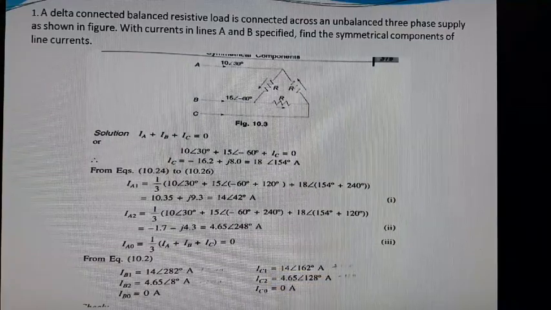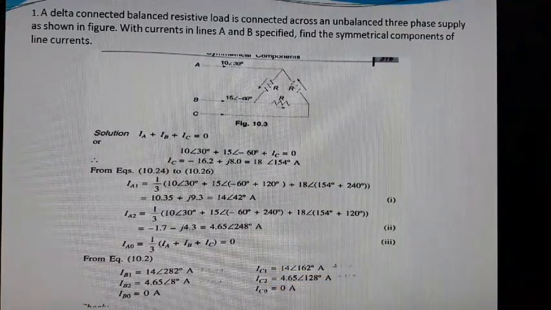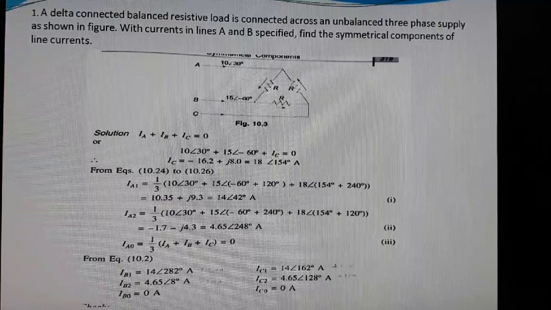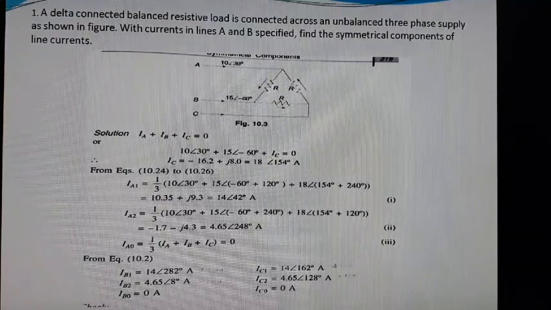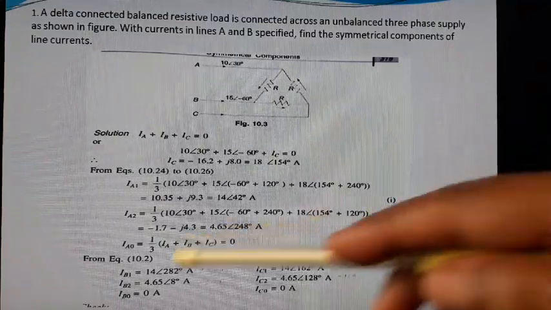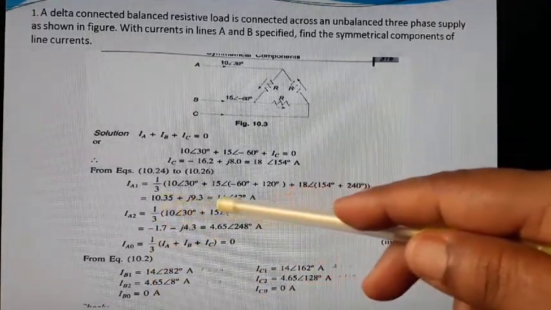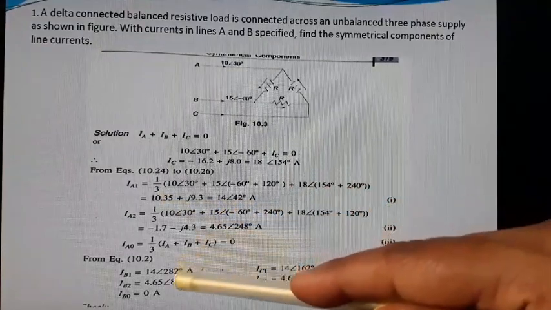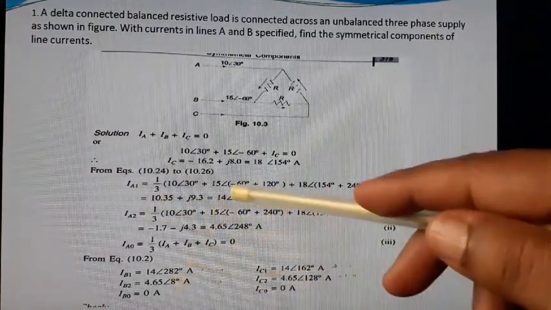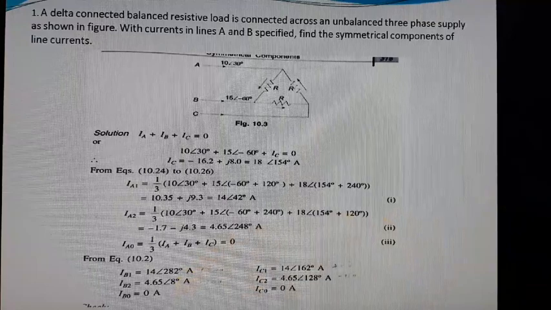So the relationship of IB1 with respect to IA1 is known. IB1 is plus 240 degree to A square IA1. A square is 240 degrees, so adding 240 here, it becomes 282.